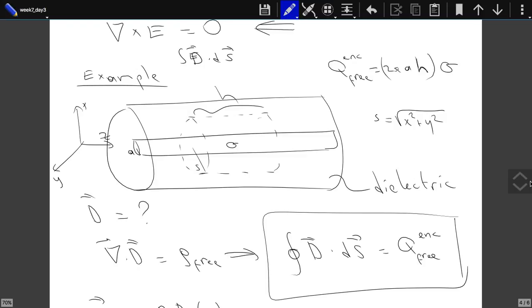The dielectric is an insulator, but nevertheless the charges will be slightly displaced if there is an electric field. But there is an electric field because we put some charges in the conducting part, which creates an electric field, which displaces the charges in the insulating cylindrical shell. So we have a displacement of charges. And hence it is polarized.